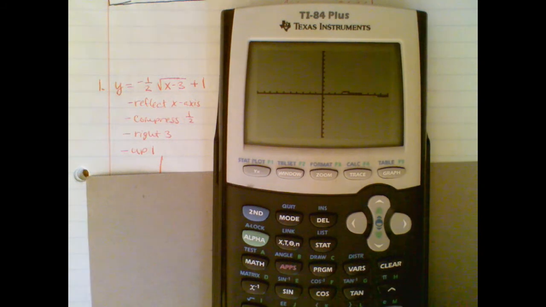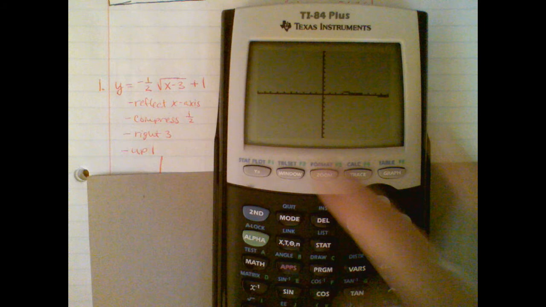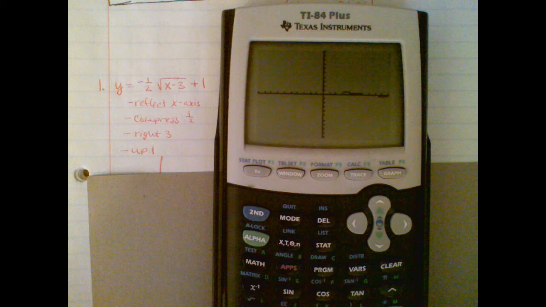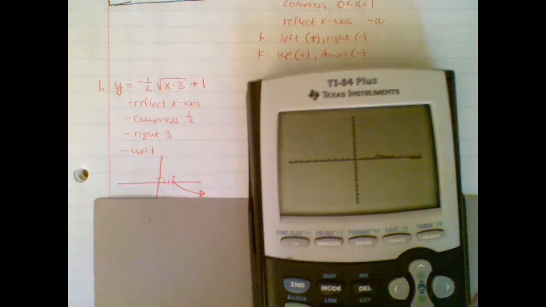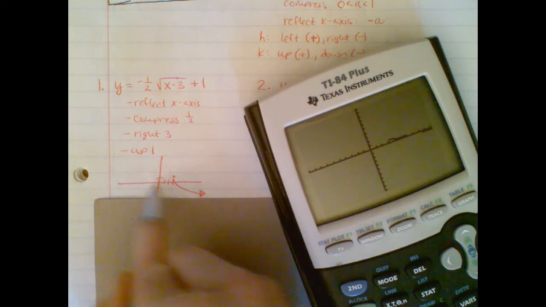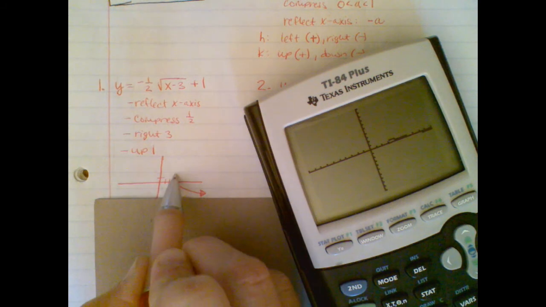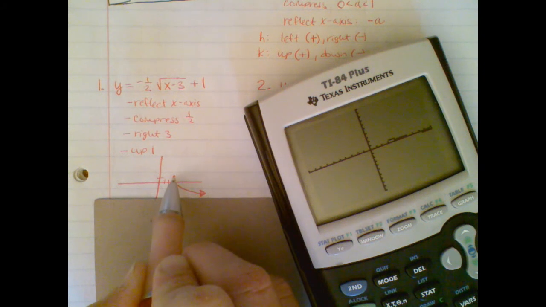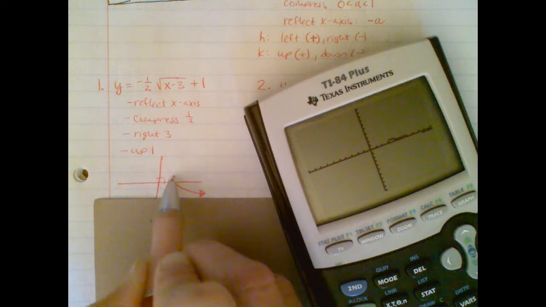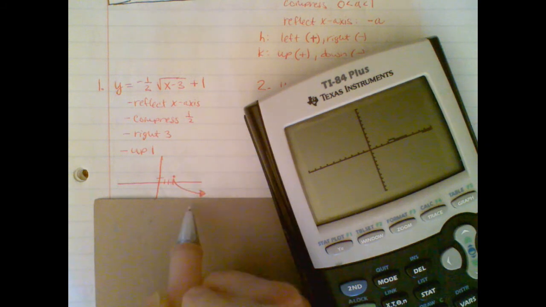And you can see what our graph is going to look like if it is a square root problem. It's just going to be a half of a parabola. So it's just going to curve downwards kind of like this. You can see it moved to the right 3, it went up 1, and then it's compressed, so it goes down a little bit further, and then instead of curving upwards, if it was positive, it is curving downwards. So let's take a look at this next one.